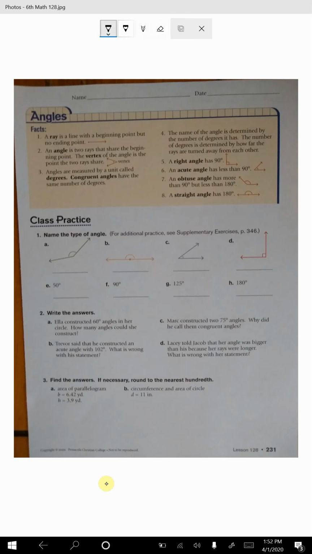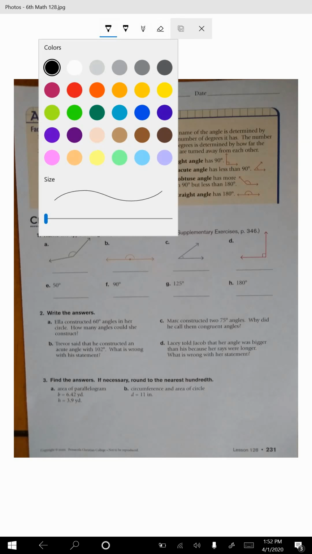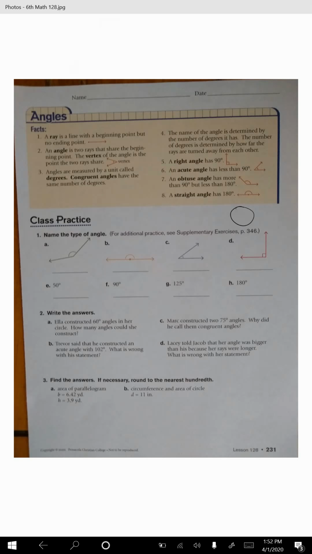Okay, so straight angle is 180 degrees, which is straight way across the circle. 180 degrees from here to here, another 180 degrees would be from here to here. Thus, a circle is 360 degrees, which is 180 twice. Okay? All right, let's name these angles.